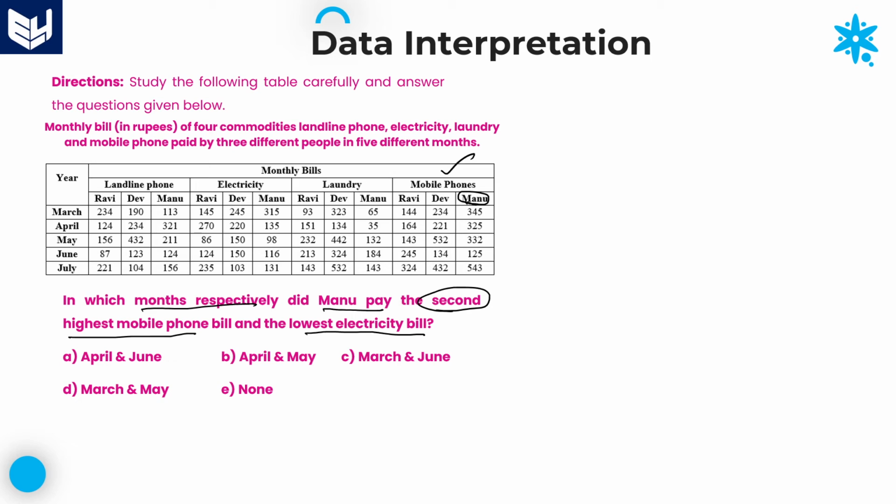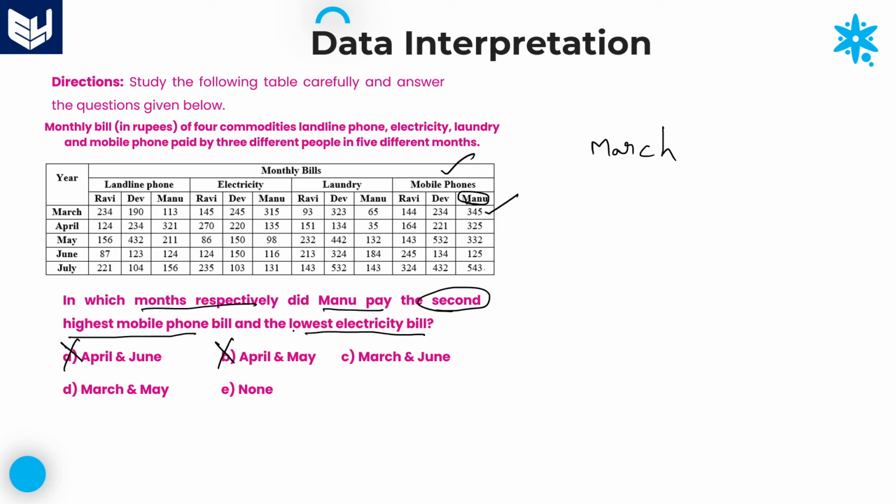Highest value among all these 5: 345, 325, 332, 125, 543. 543 is highest, but second highest is 345, that is in the month of March. So one value is March. First value is March, so you can eliminate option A and option B as well. Now you will be left with March and June, March and May.